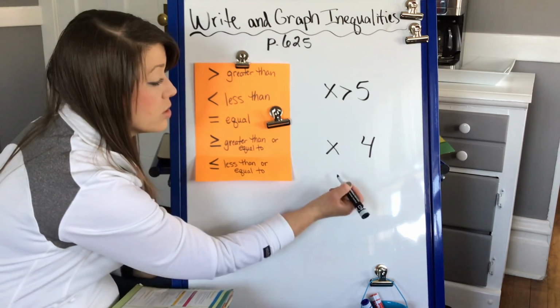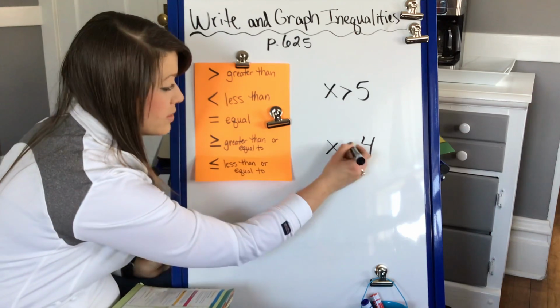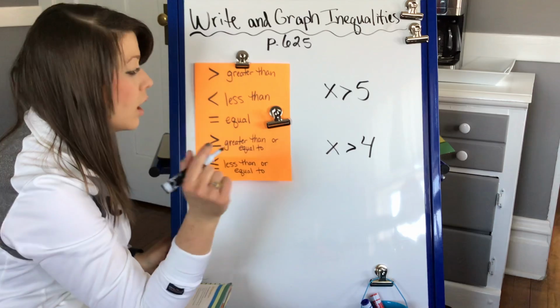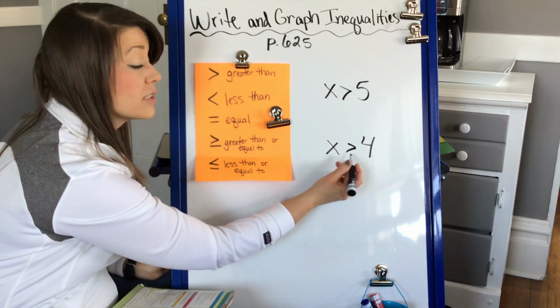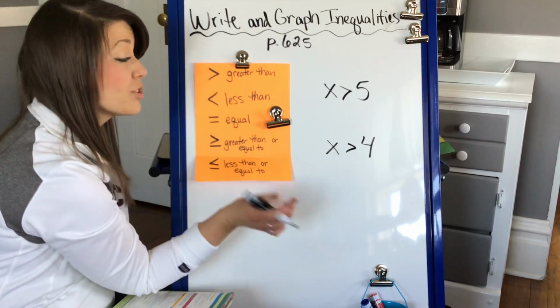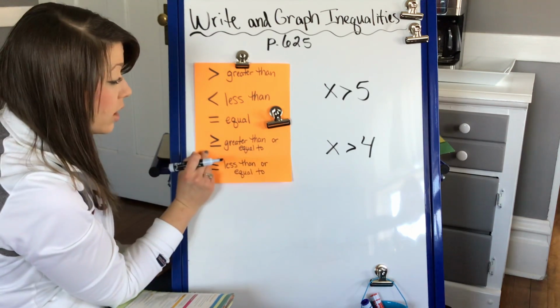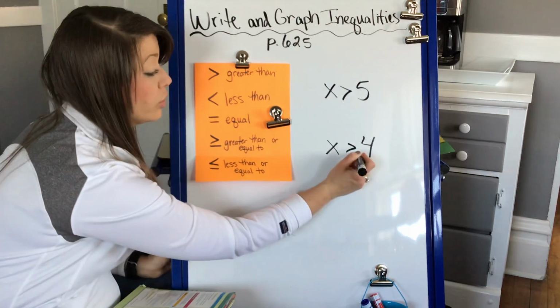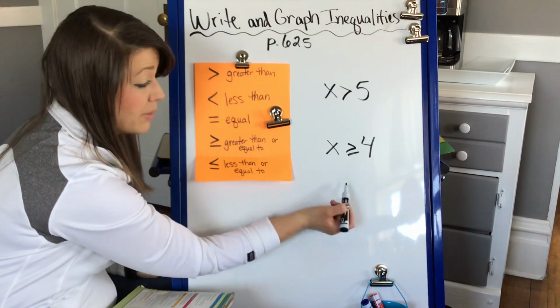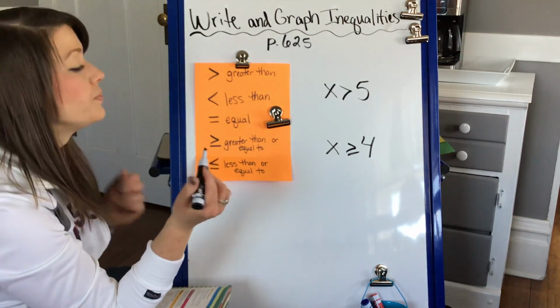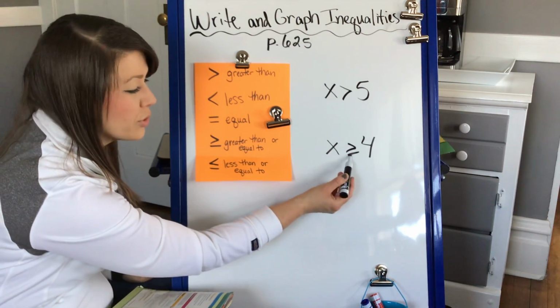I know I ate 4 or more. So 5 would be true, 6 would be true, 7 would be true, 8 would be true if I ate the whole pizza. But it says 4 or more, so that means it could also equal 4. I could have eaten just 4 pieces. That's when I'm going to use that greater than or equal to. It could mean I ate 4 pieces of pizza, or I may eat 5, 6, 7, 8, 9, whatever it is. That's when you're going to use those extra ones.